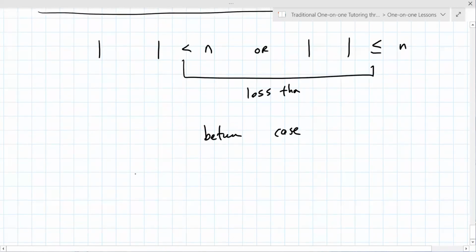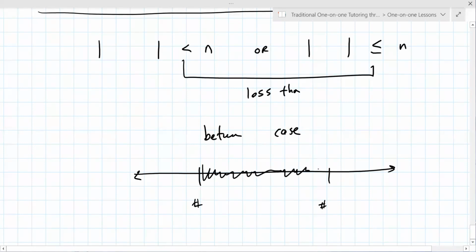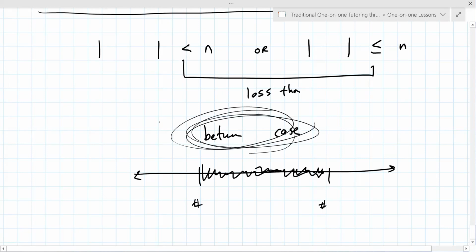That means your solution is always going to have two numbers, and you're going to be graphing in between them. And this is critical. Whenever you get an absolute value of something less than, or less than or equal to, it's always the between case. Always, always, always.